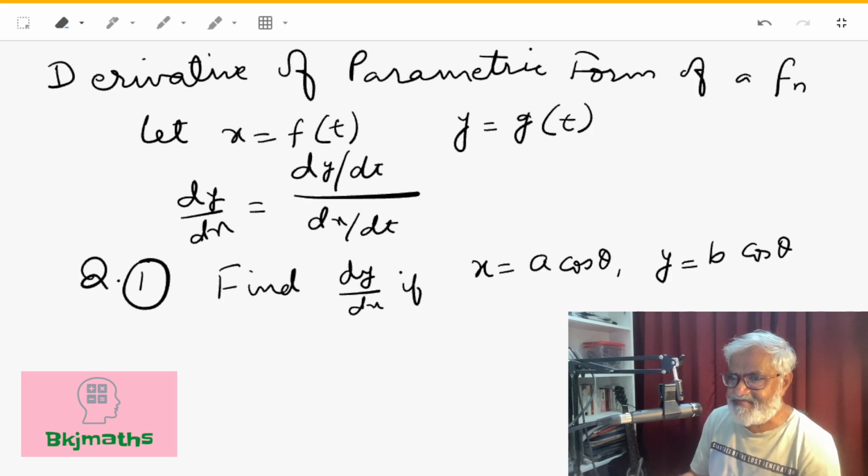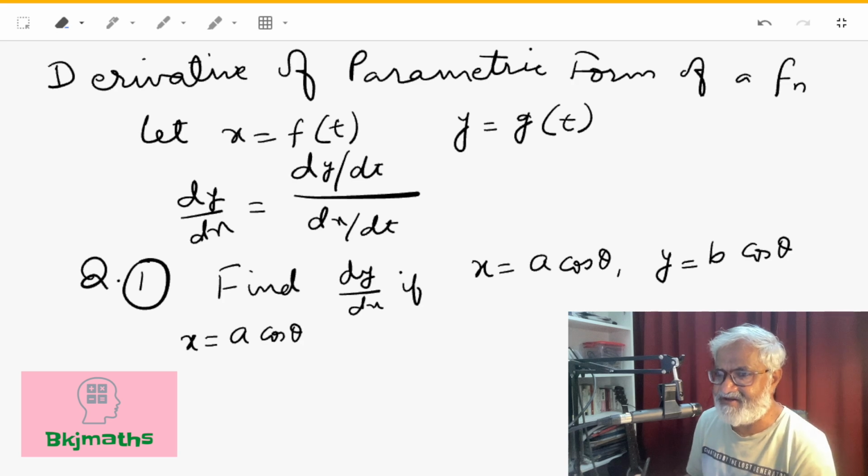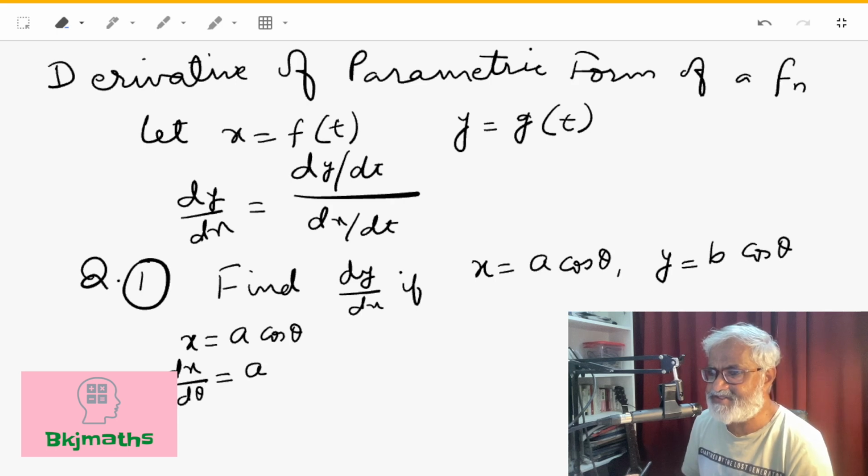So x equals a cos theta, differentiate with respect to theta. So dx by d theta equals a is the constant, keep as it is, and derivative of cos theta is minus sin theta.